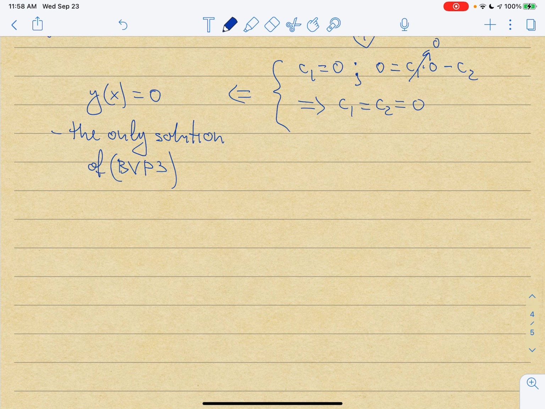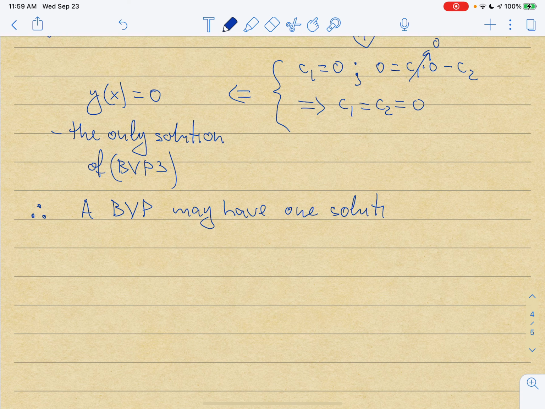So the conclusion from this discussion is this: a boundary value problem may have one solution, like in the last example. It may have infinitely many solutions, like in the second example.